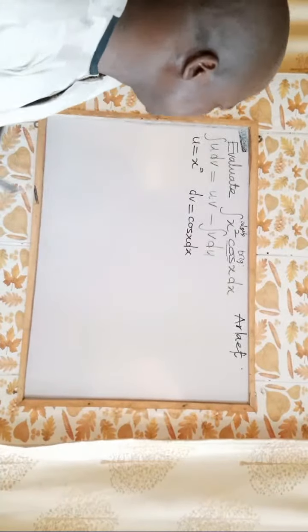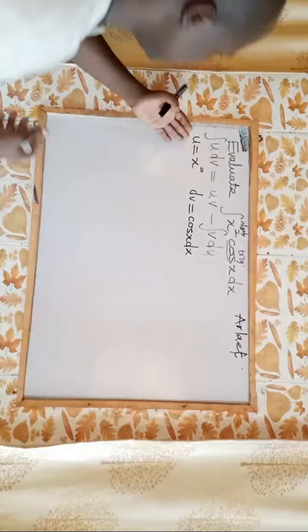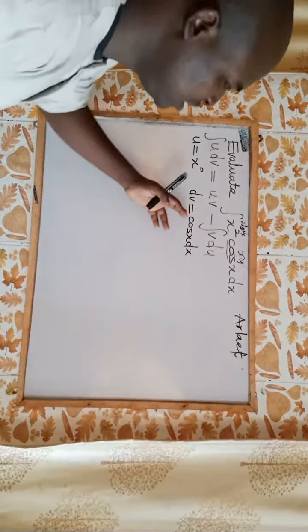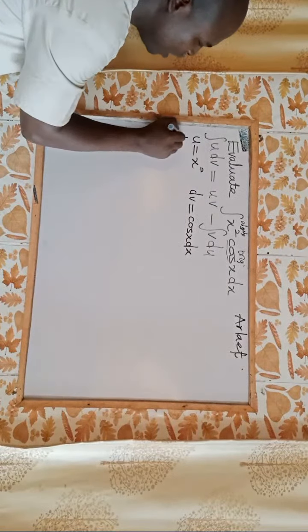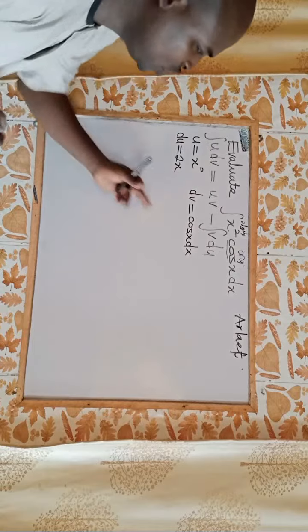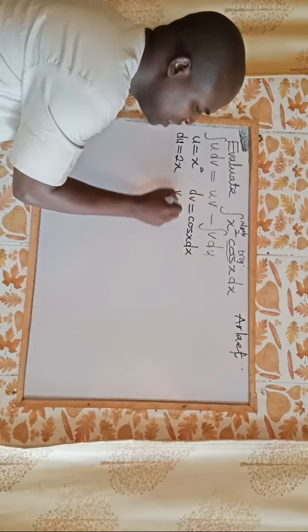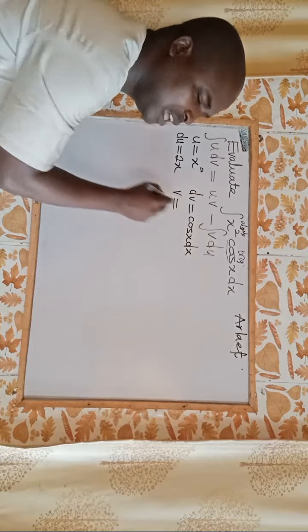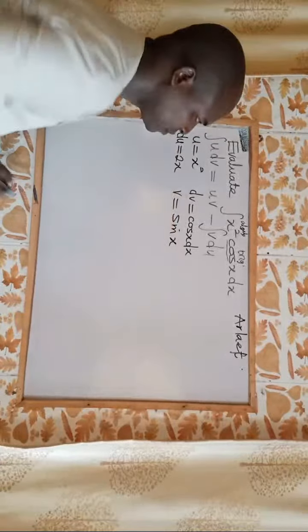The next thing we are going to do is to differentiate our u and integrate our dv. If we differentiate our u, we have our du, that will give us 2x. And when you integrate dv, you have v, and that will give us sine x.